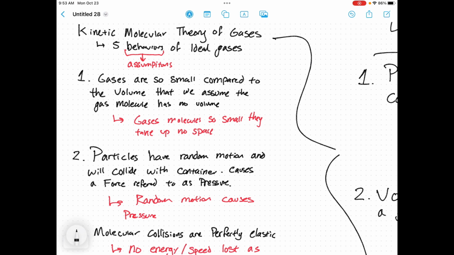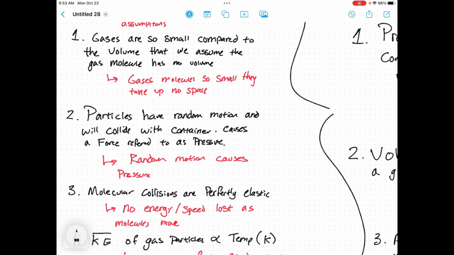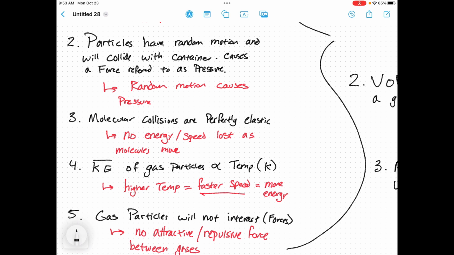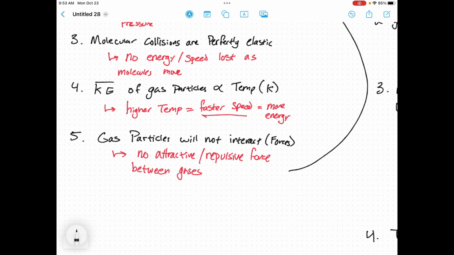When we try to describe the behavior of a gas, we assume 5 things. If all 5 are true, we say we have an ideal gas. First, the gas molecules are so small that they take up relatively no space. Second, the gas molecules have completely random motion. Third, when the molecules hit each other or bounce off the container, no energy is lost, meaning they don't slow down.